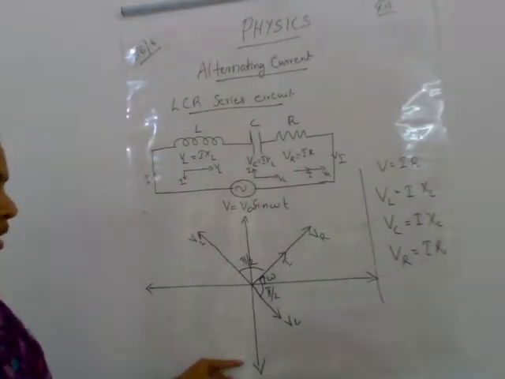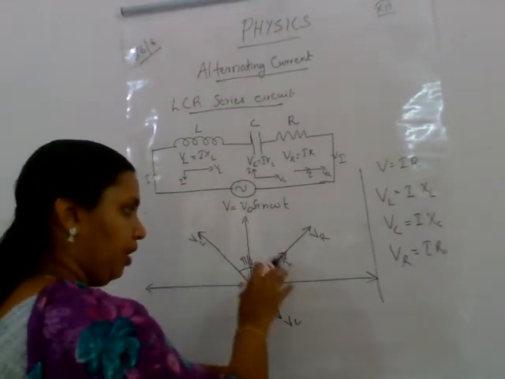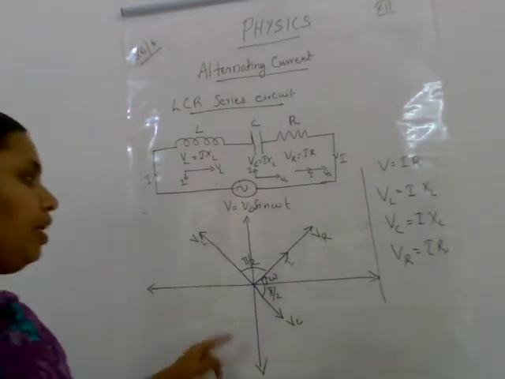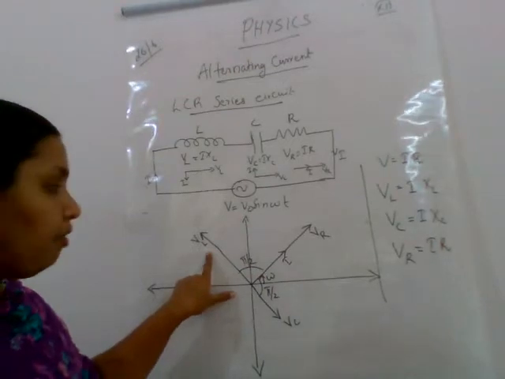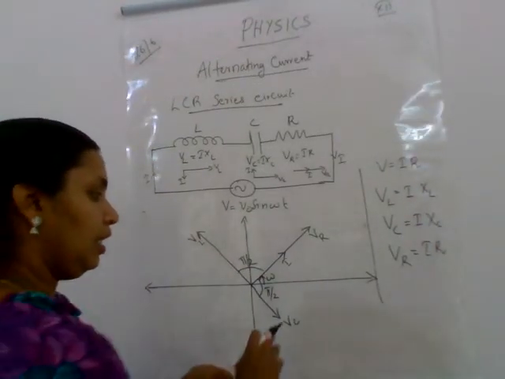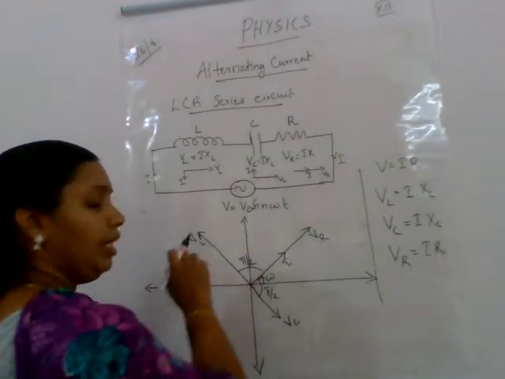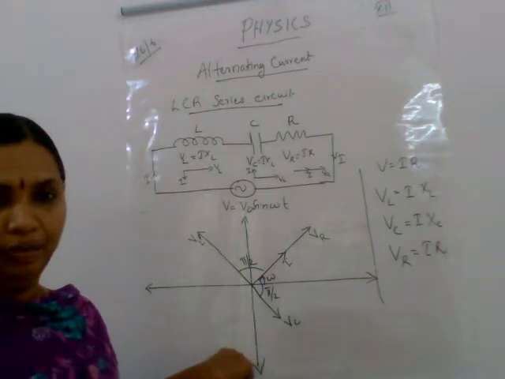And from this phasor diagram of the series combination, first we can find out what will be the resultant of all these voltages, that is VC, VR and VL, using the method of vector addition.